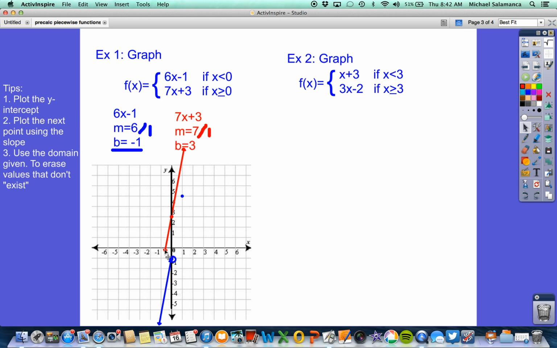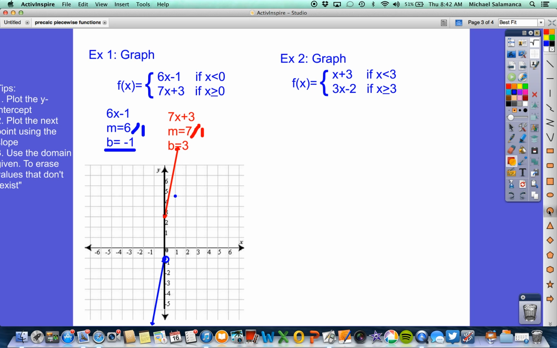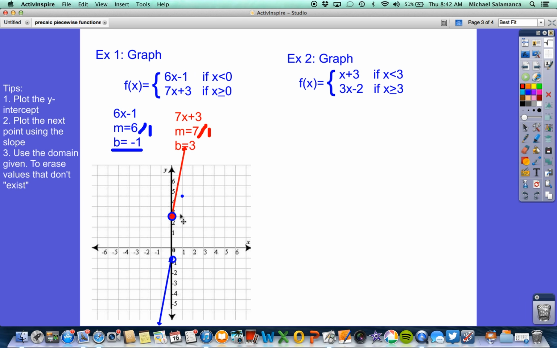That means to the right of 0, it exists, but not to the left. And because it says or equal to, your circle should be filled. So that circle that we just drew should be closed.